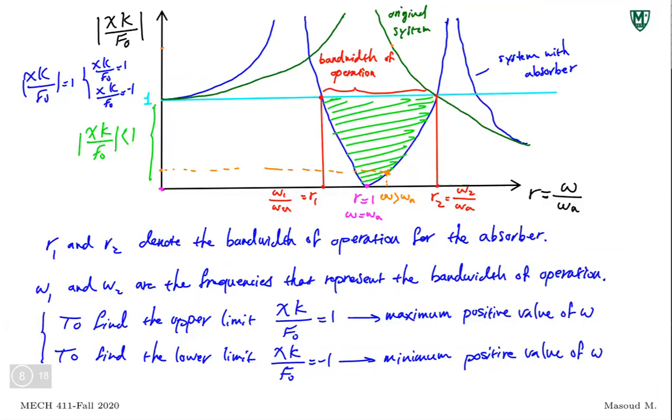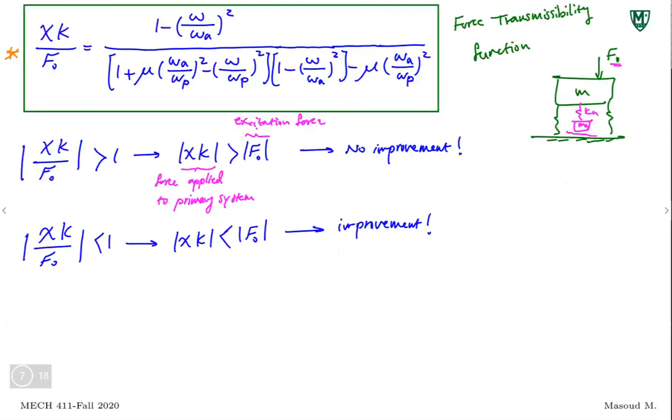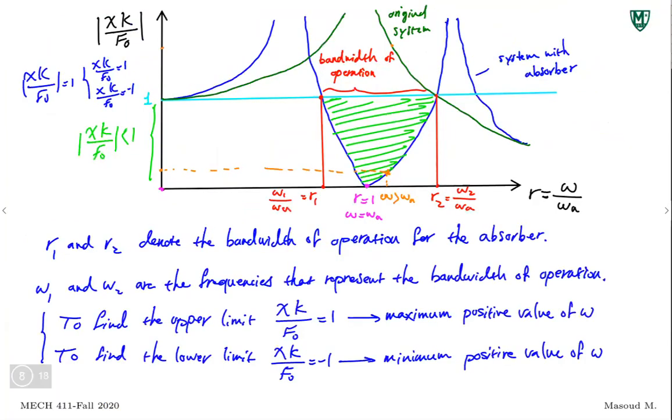Well, when you make this equal to 1 or minus 1 in this force transmissibility, you get an equation of order 4, so it has multiple roots, positive and negative. Among those roots, the maximum positive value of omega would be your upper limit, and when you make it equal to minus 1, the minimum positive value of omega would be your lower limit.